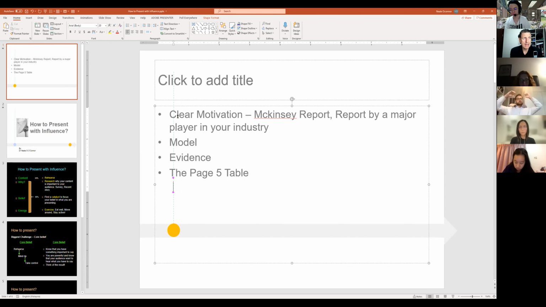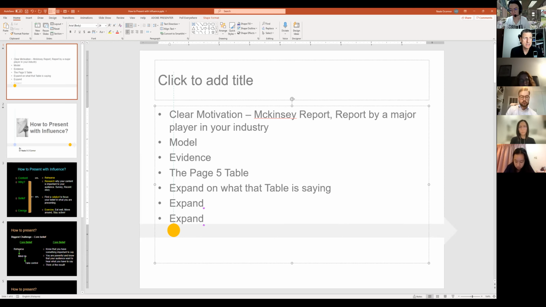But after that table, you start to expand on what that table is saying. And then you expand in another table, and then you conclude.